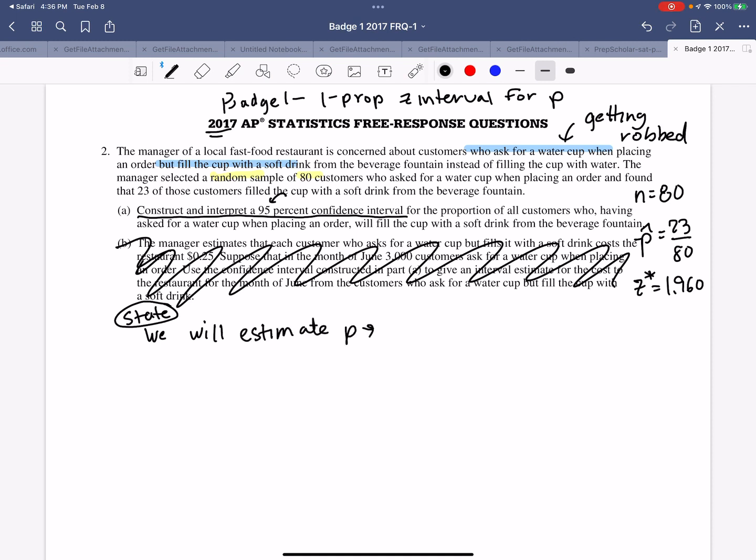p. What is p? The true proportion of all customers who ask for a water cup and fill it with soft drink instead of water.